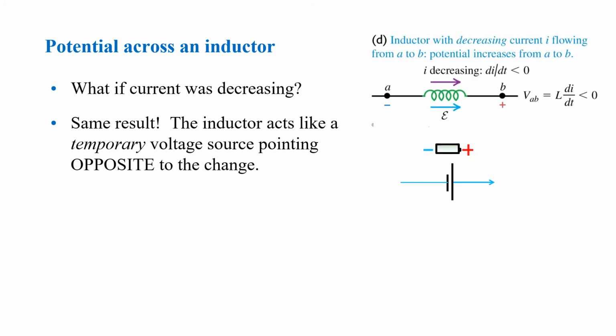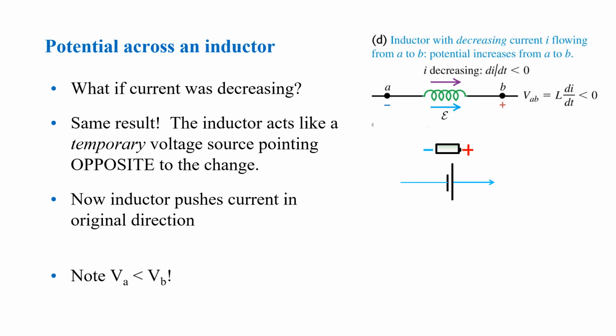Now, what if the current is decreasing? If the current is decreasing, then your dI over dt is less than zero. This is just from your calculus. If you have a decreasing current, then your rate of change of your current is less than zero.